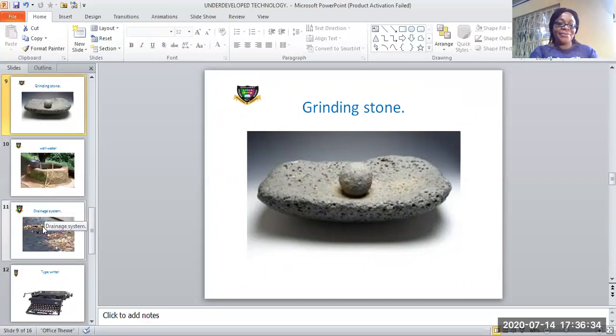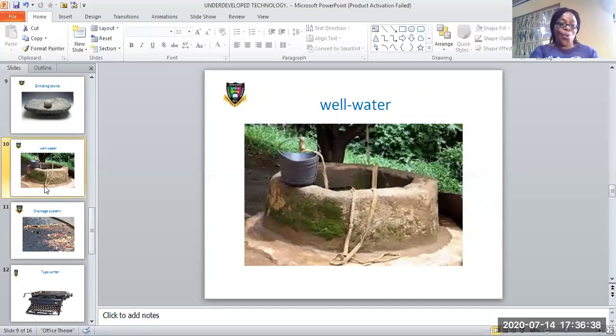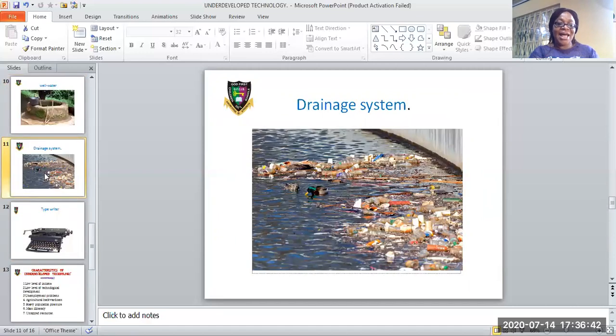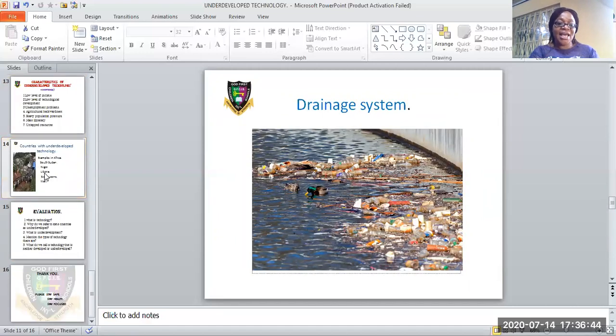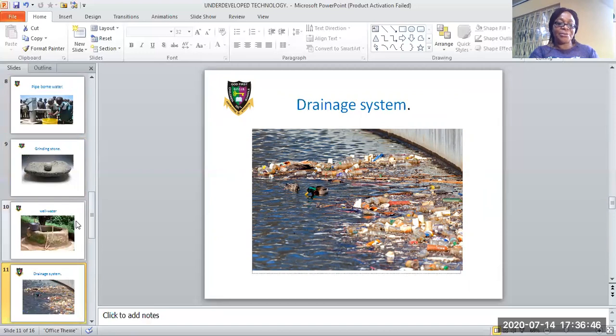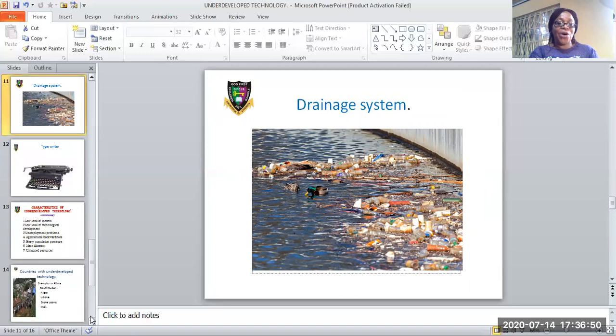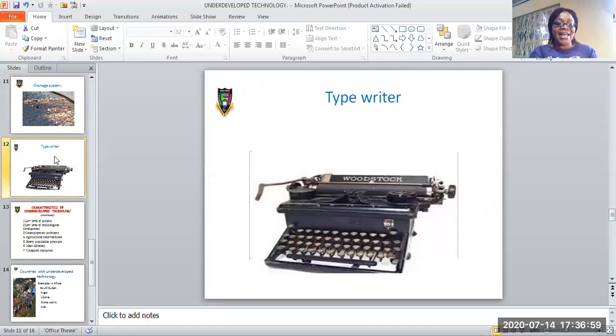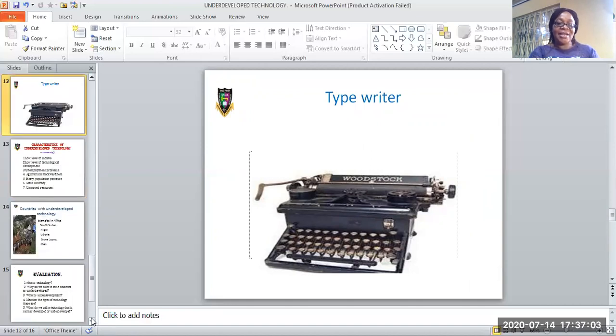Are we clear? That is why we have the grinding stone, the well. These are the things that indicate that a country is yet to be developed. Now, let's move forward. In their writing, as in the typewriter that you see, they are lagging behind. These are examples to show that these countries are lagging behind.